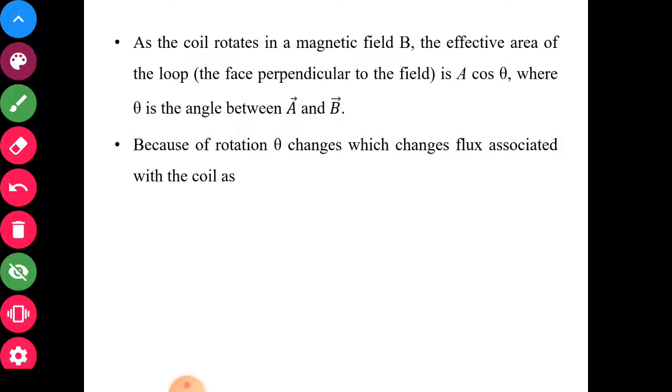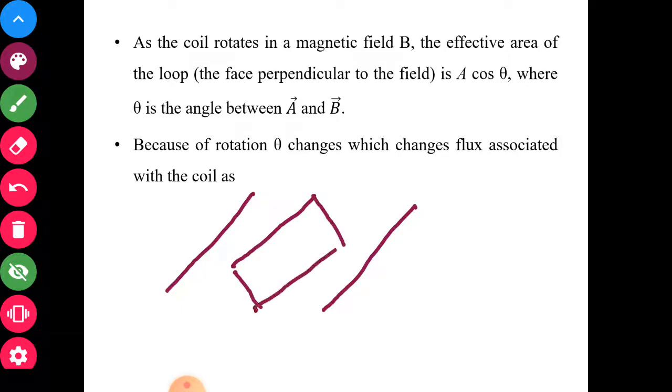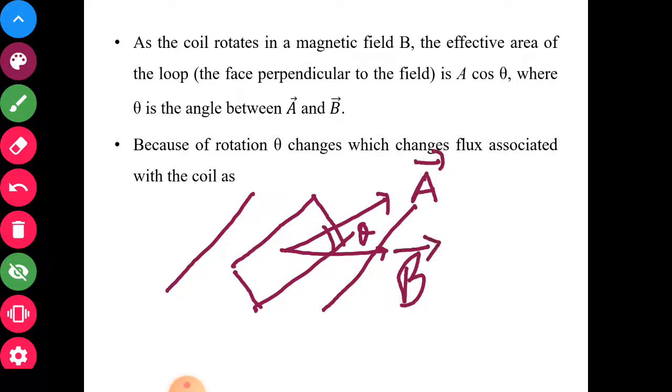Now if you change the orientation of the coil, say for example you have placed the coil like this, it makes a certain angle, then the area vector and magnetic field are at a certain angle theta, and then the effective area that is in the direction of the magnetic field, say this is your area vector and this is the direction of the magnetic field.